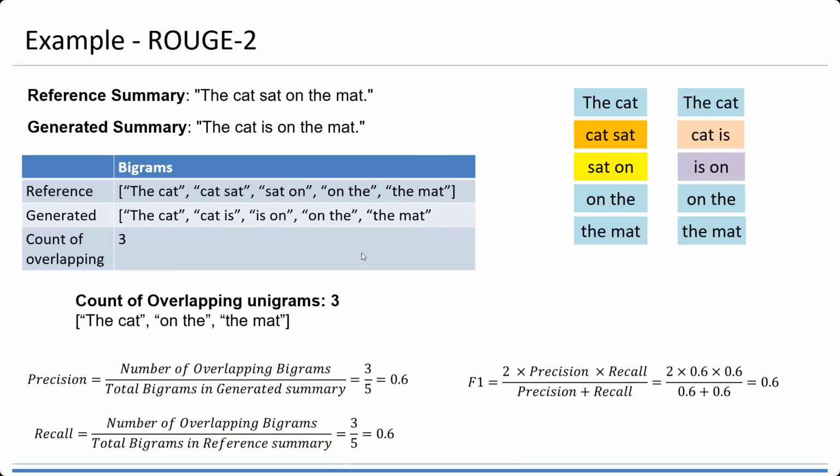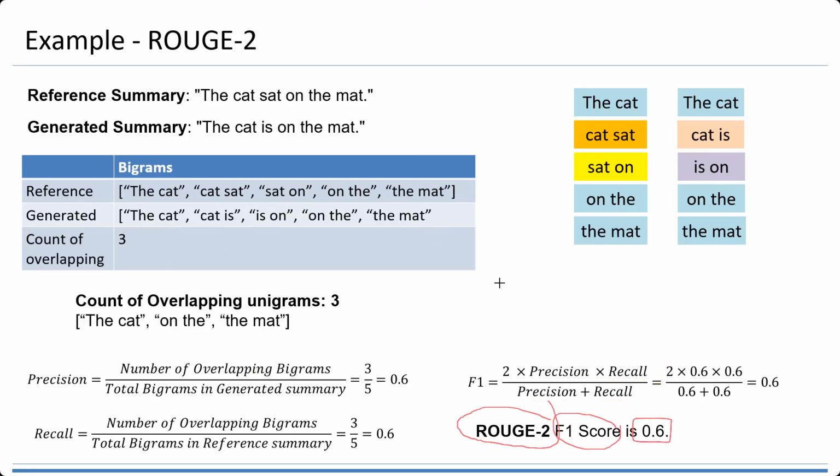Then we can calculate the F1 score. Again, we get the F1 score with this formula: 2 multiplied by precision multiplied by recall divided by precision plus recall. Then this is the F1 score. At the end, the conclusion is ROUGE-2. With the ROUGE-2 metric, the F1 score, the ROUGE-2 score, is 0.6.